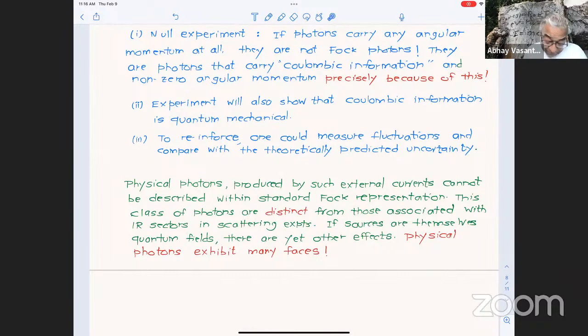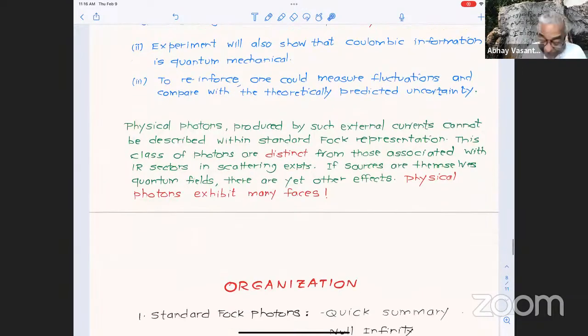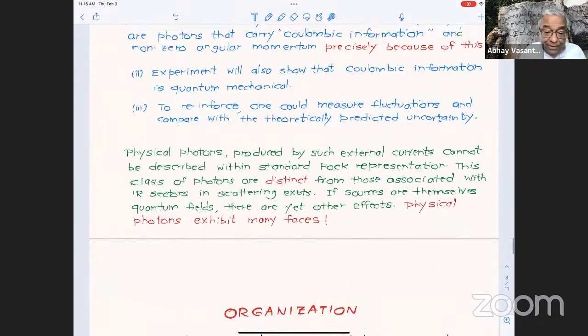And finally, I did not talk about this, but if the sources themselves are quantum fields, then there are yet other effects. So these are various manifestations that the physical photons have many faces.